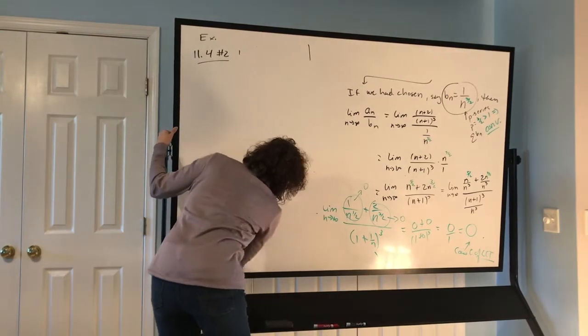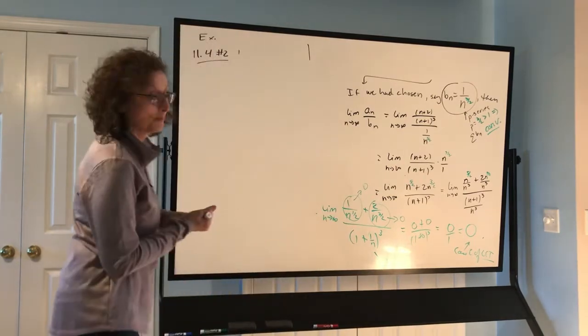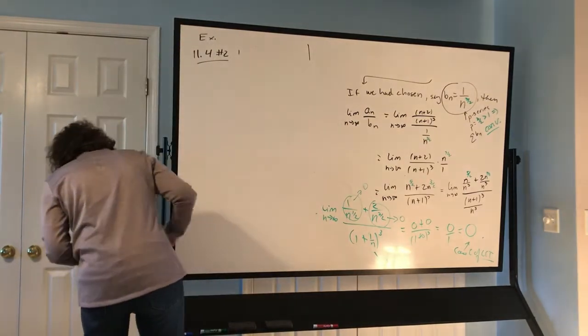I'm going to write this one up there, and I'm going to have you think about what BN ought to be while I erase the rest of the board. Okay? So here we go.